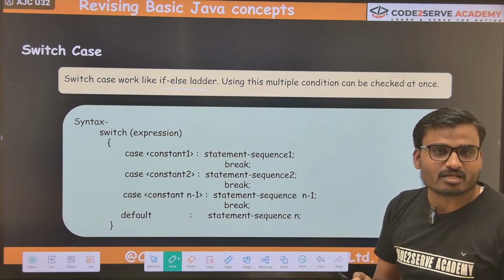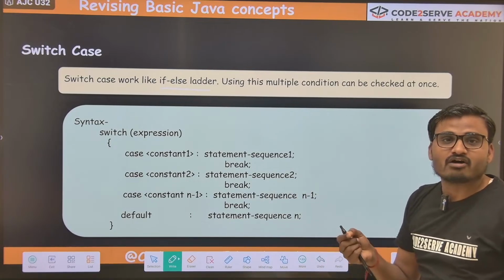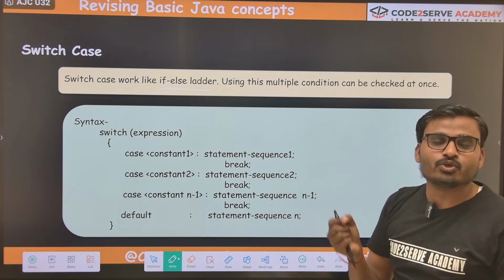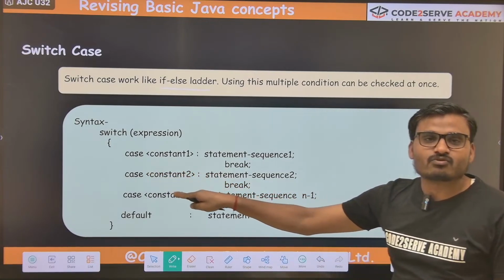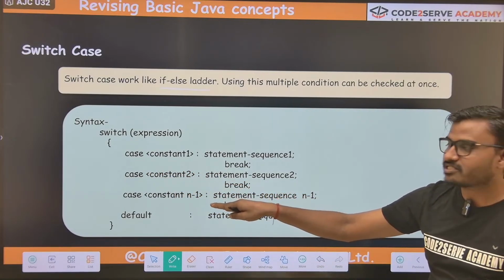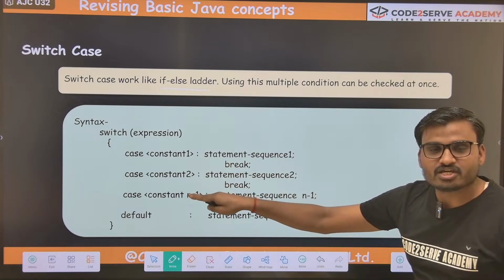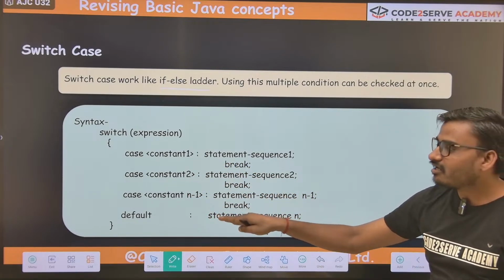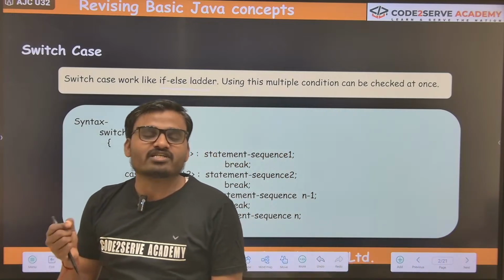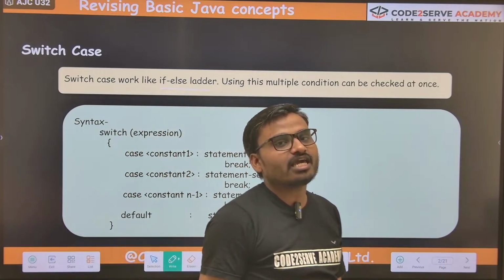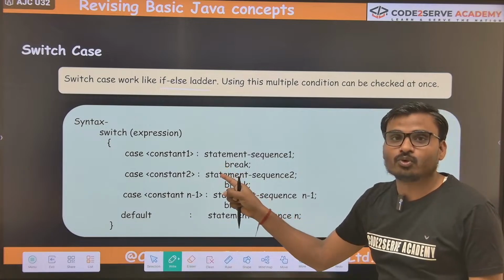An expression can be thought of as the value you want to check. All the cases will be present here, like case 1, case 2, case 3, and n number of cases. Based on the case, it gets executed.